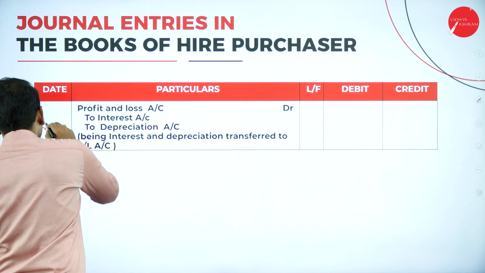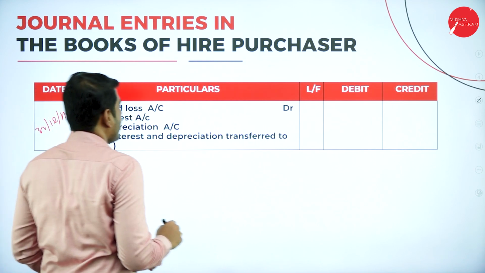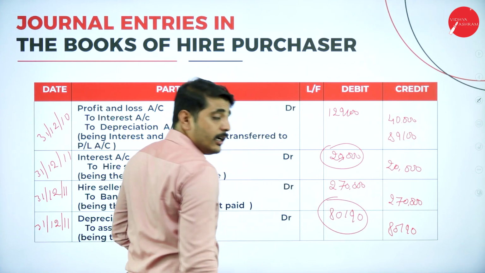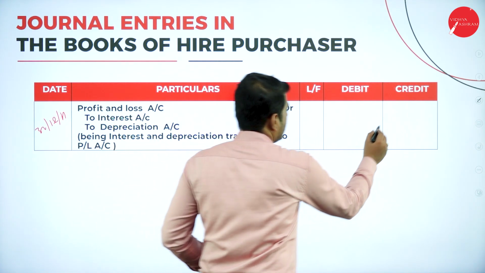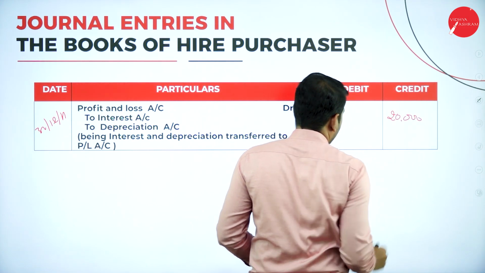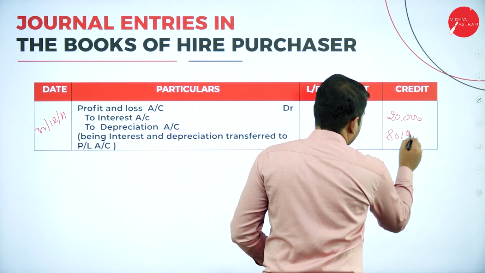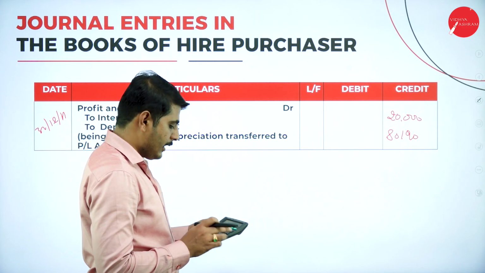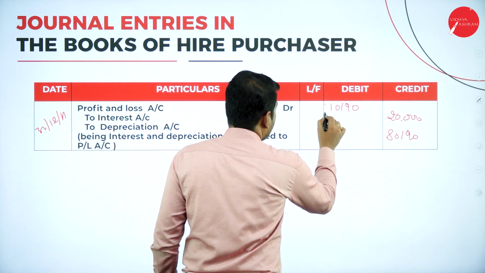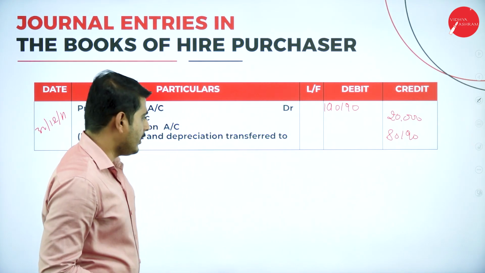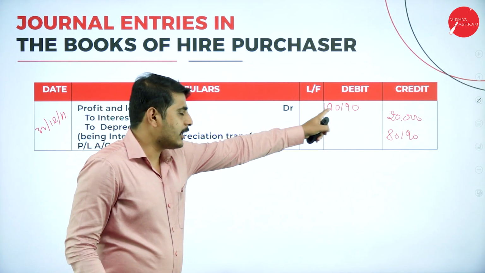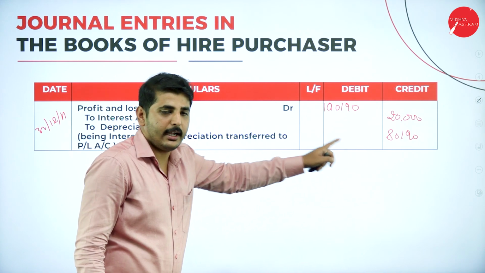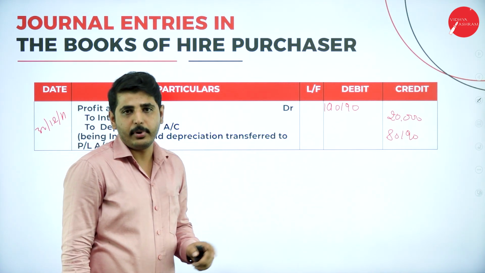So 31st December 2011, Profit and Loss account debit to Interest, 20,000, to Depreciation, 80,190. 20,000 plus 80,190 becomes 1,00,190. So Profit and Loss account 1,00,190 to Interest 20,000, to Depreciation 80,190, being interest and depreciation transferred to Profit and Loss account.